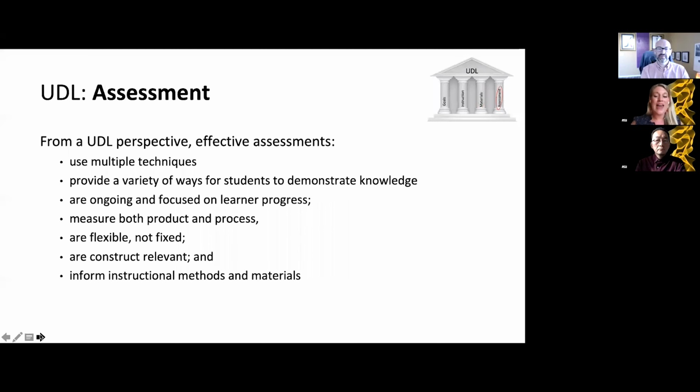Many faculty rely heavily on timed assessments. So the next UDL principle is assessment. And I want you to think about the ways that you traditionally assess learner knowledge within your course. Many of us rely on more traditional approaches, for example, timed assessment, where a student sits at a desk with a paper and pencil test, and they're doing it from rote memory.